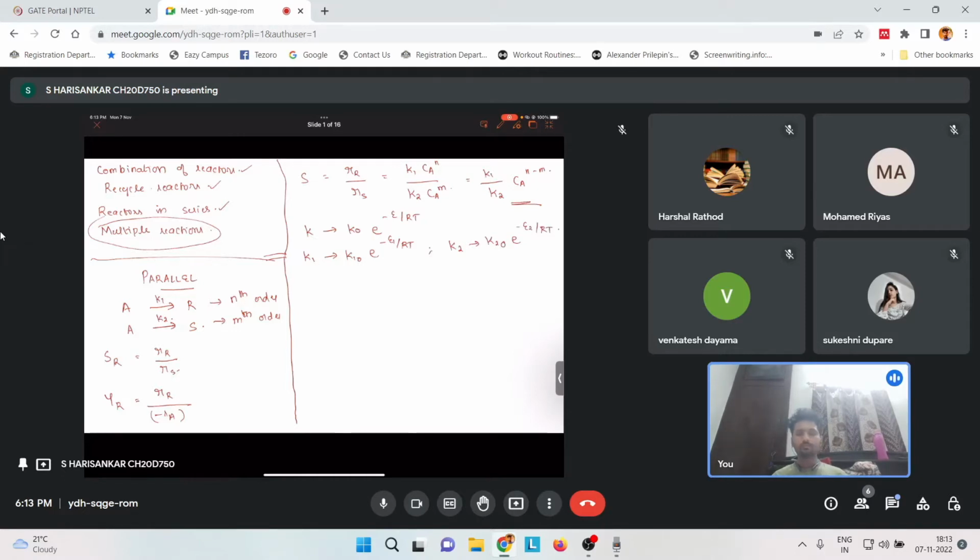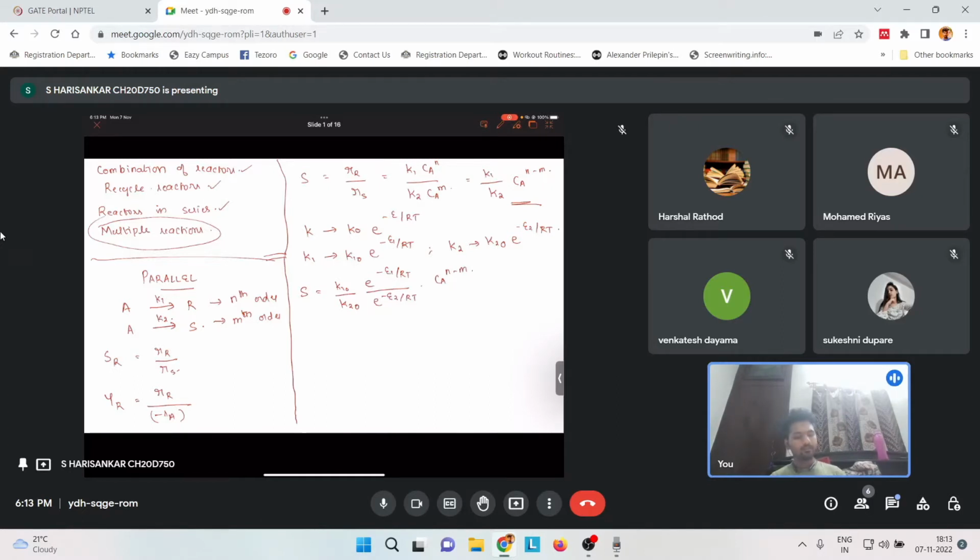So now if you substitute these equations for K1 and K2, we'll get selectivity is equal to K10 by K20 into e raised to minus E1 by RT by e raised to minus E2 by RT, into Ca raised to N minus M. And we can simplify this.